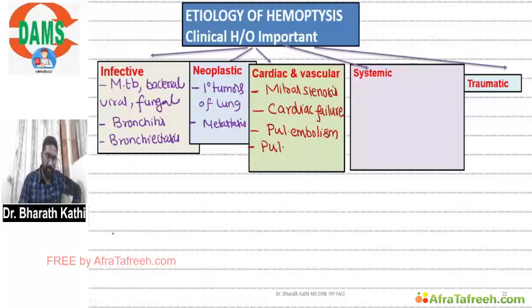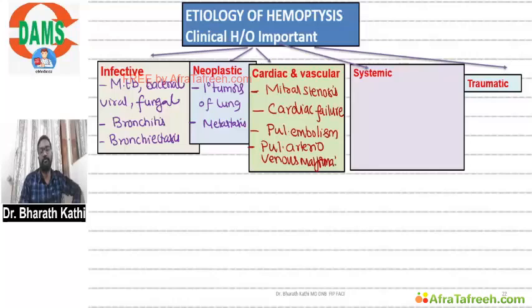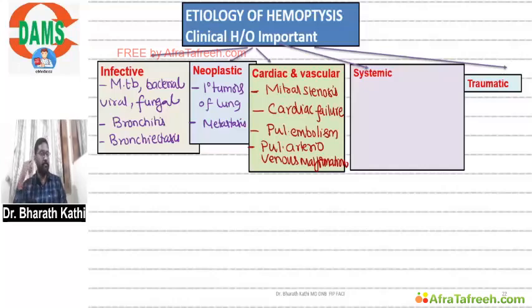Pulmonary arteriovenous malformations. So these are all various non-respiratory causes: mitral stenosis, cardiac failure, pulmonary embolism, pulmonary AV malformations.